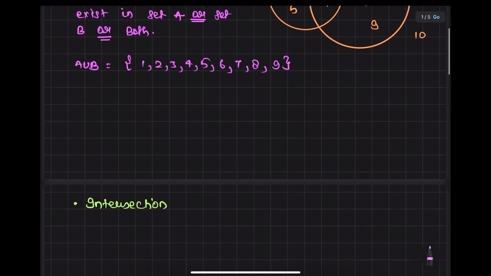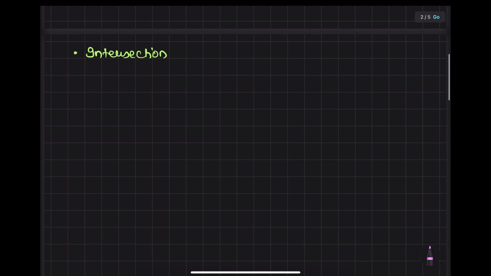Okay. Now let's move on to intersection. Whenever you get a sense of "and", this is intersection.